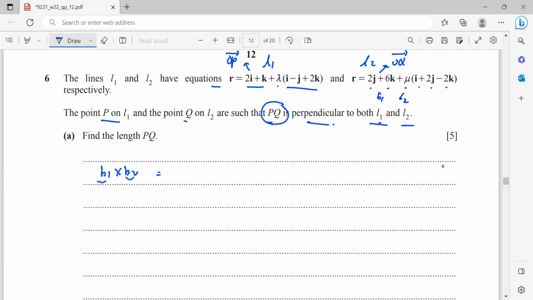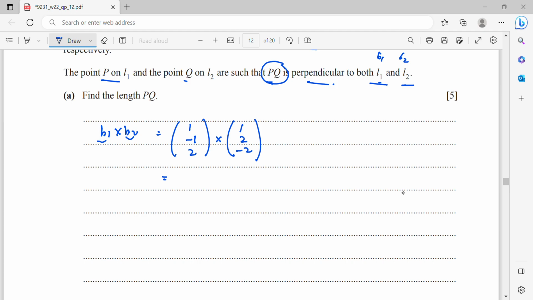So b1 cross b2, the two direction vectors: i minus j plus 2k, cross with i plus 2j minus 2k.